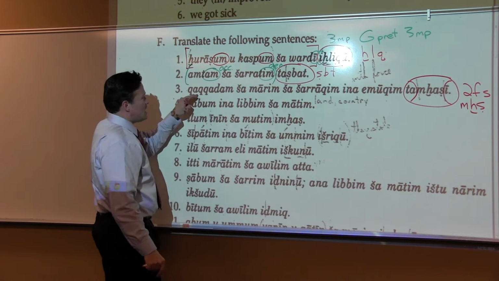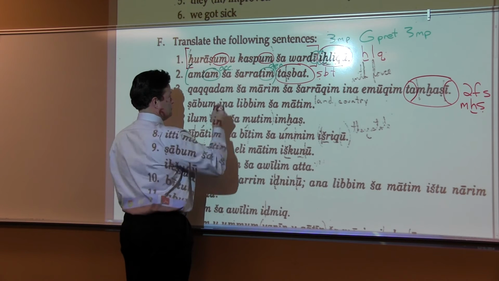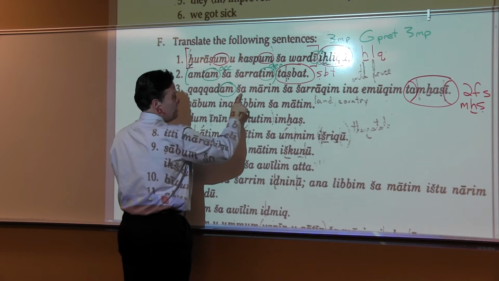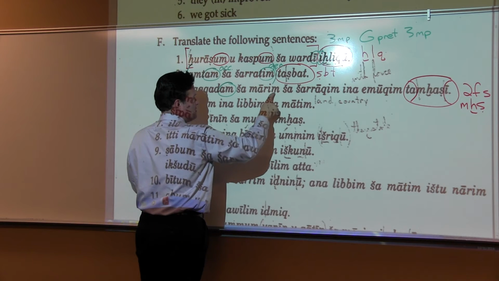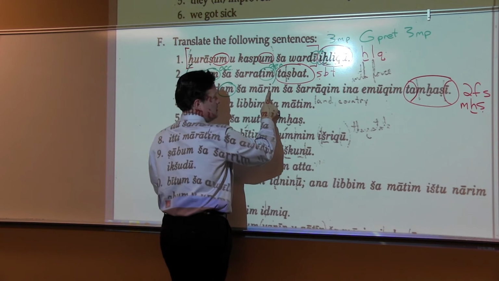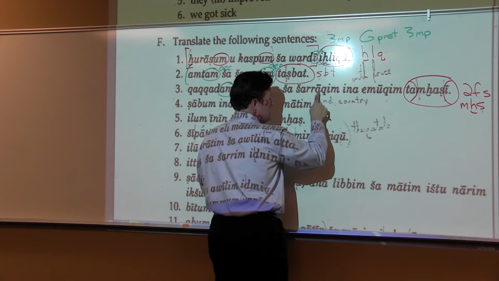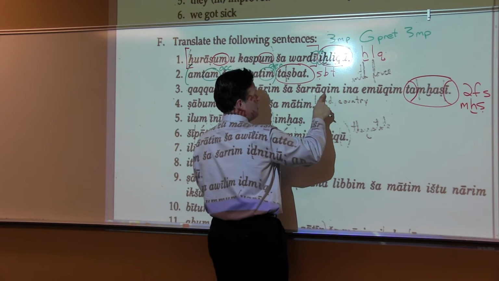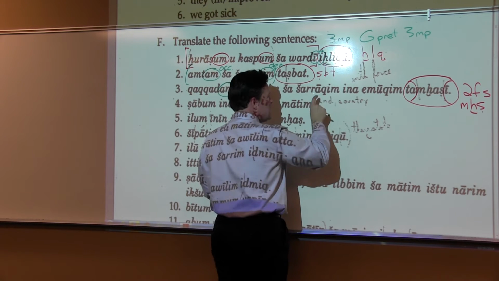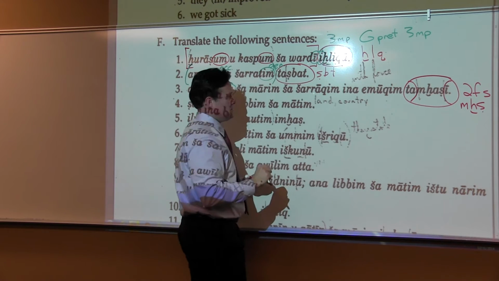So you struck qaqqadam, that's the object. You struck the head of the son, that's the genitive case. You struck the head of the son of the thief. A sharrakum is a thief, nominative. Sharrakim is genitive. Ina emuqim, with force.